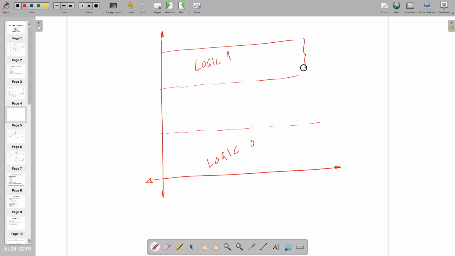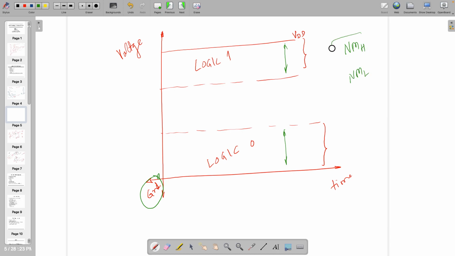In this particular region of voltage, so this is voltage with respect to time, this is logic 1. If this is VDD, this is ground, so I can treat ground and the nearby area as logic 0. In this area, I'm going to call it logic 1.